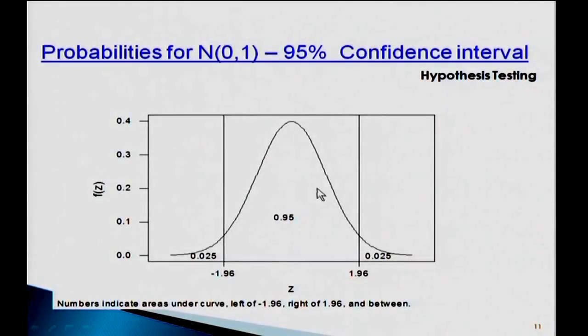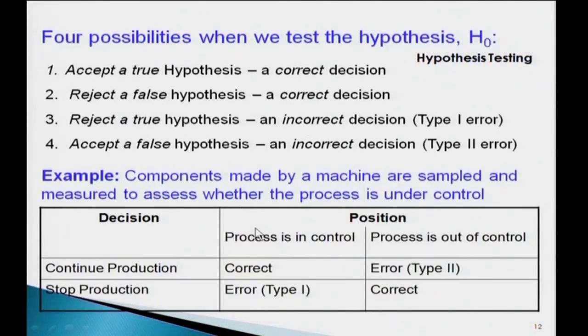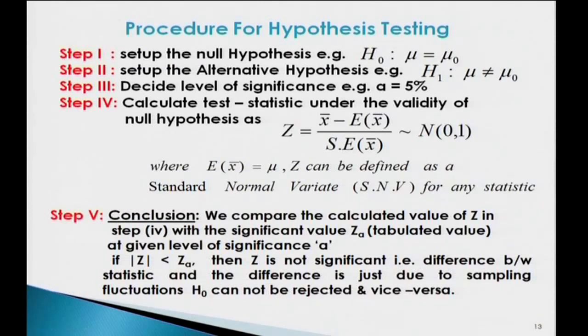This region is the acceptance region, or you can say this is not significant region, right. So, that particular error is not that significant that it reaches the rejection region. So, hence we will say the difference between the statistic and parameter is not significant. It is just because of sampling distribution.